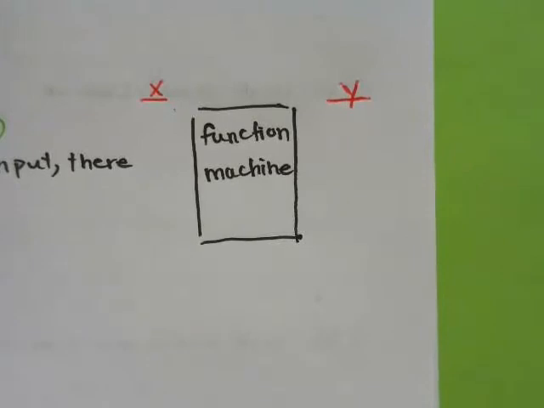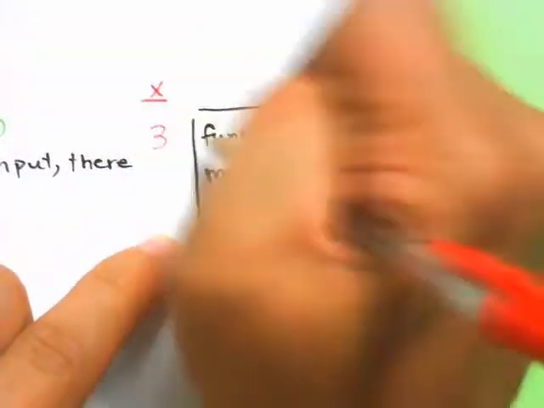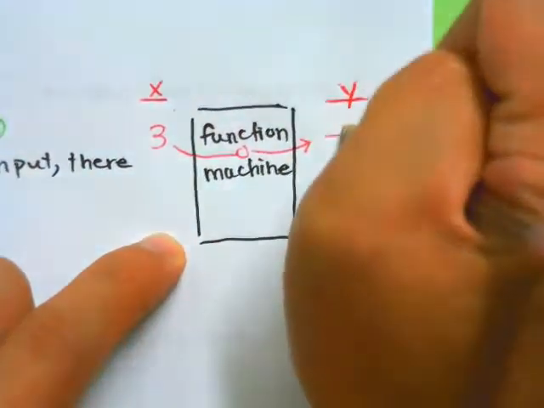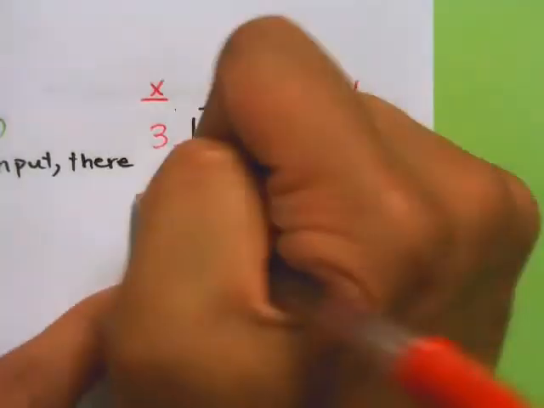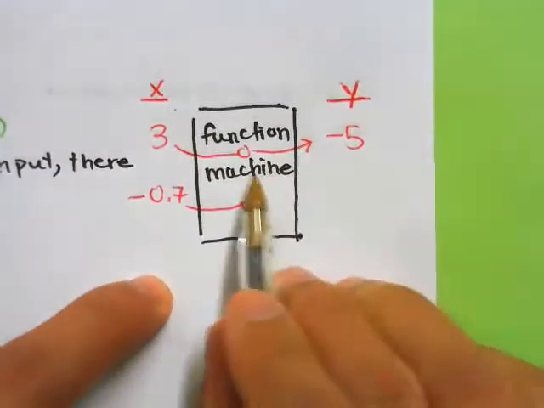And you've already been doing this, at least you've done this in the first part. You plug in a certain value. Let's say, for example, you plug in 3, and then you put it inside the function machine, and then out comes -5. Okay? Or you plug in maybe 0.7 inside this function machine or equation.